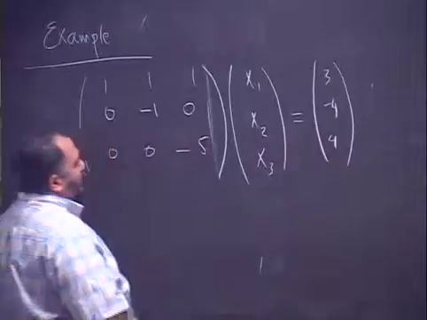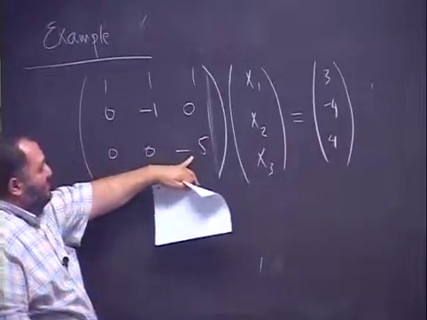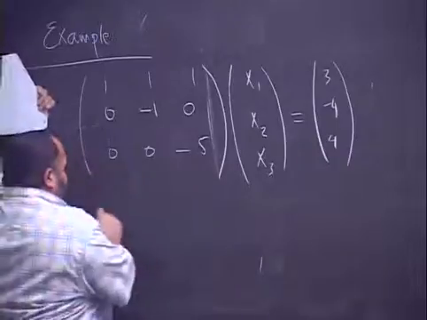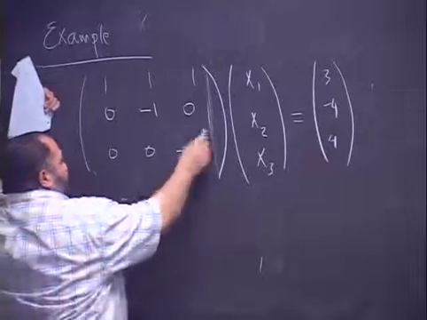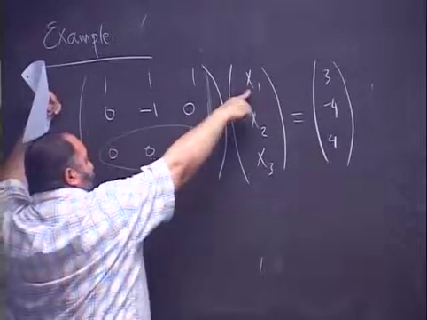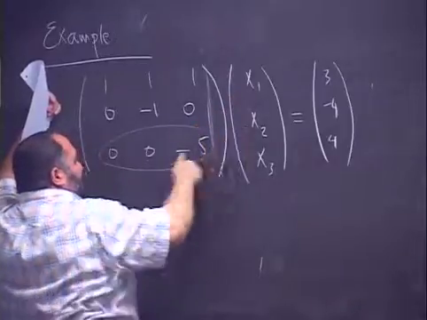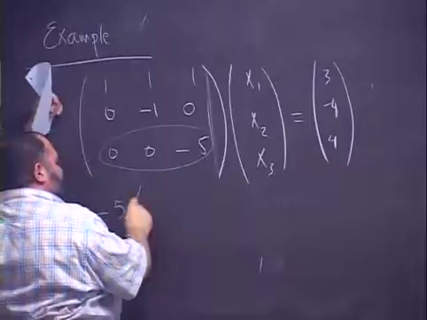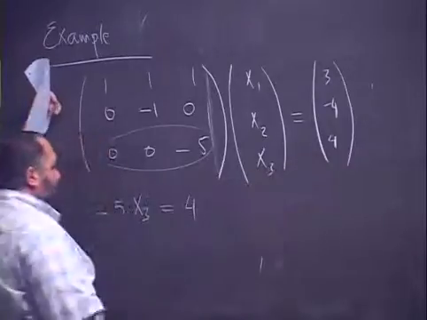Now, you will take it from the very last row. So you will have in the very last row 5. How will you multiply? Multiply this by this. So 0 multiplied by x1 is 0. 0 by x2 is 0. Minus 5 by x3 is minus 5x3 equal to what? 4.